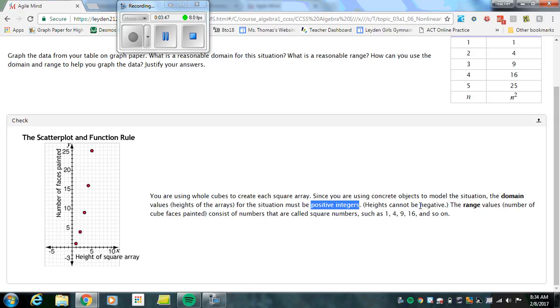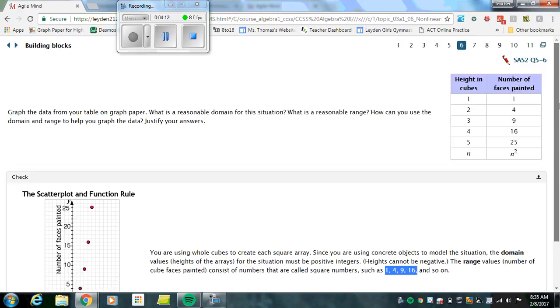The range values, the number of faces painted, consist of square numbers such as 1, 4, 9, and 16. Let's skip the practice for now and go to slide 7.